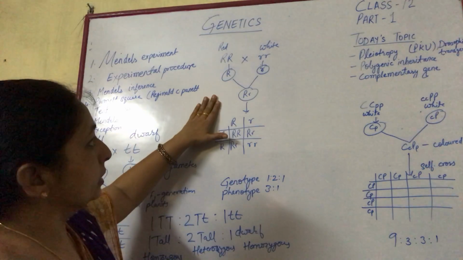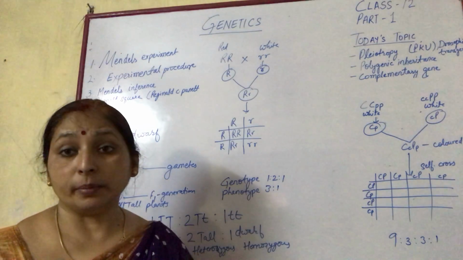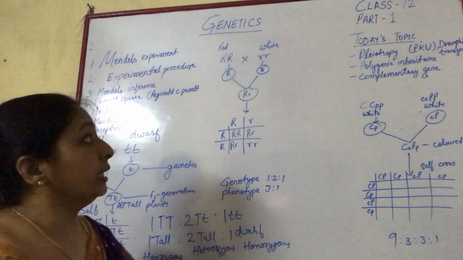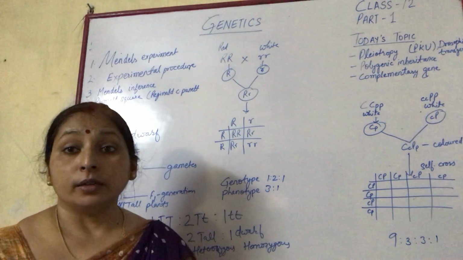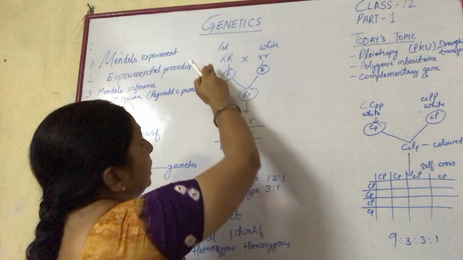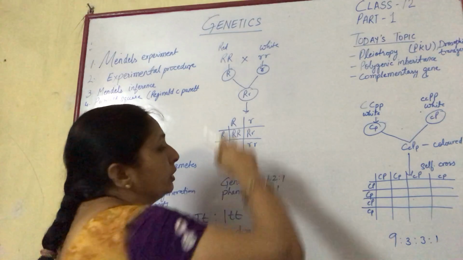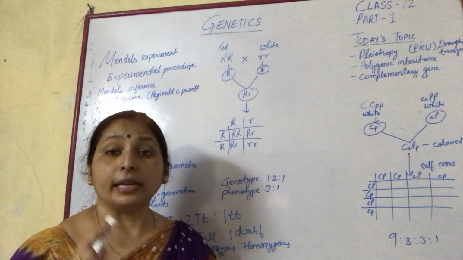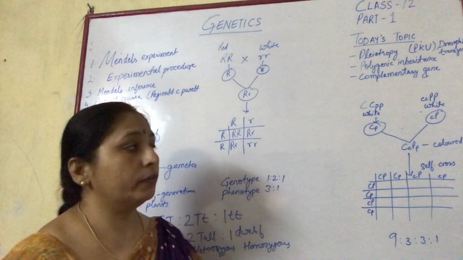Next, there are some exceptions to this, like incomplete dominance or codominance. This is an example of incomplete dominance in Mirabilis jalapa, or the four o'clock plant. Here, a red colored flower is crossed with a white colored flower, where red is the dominant character and white is the recessive one.